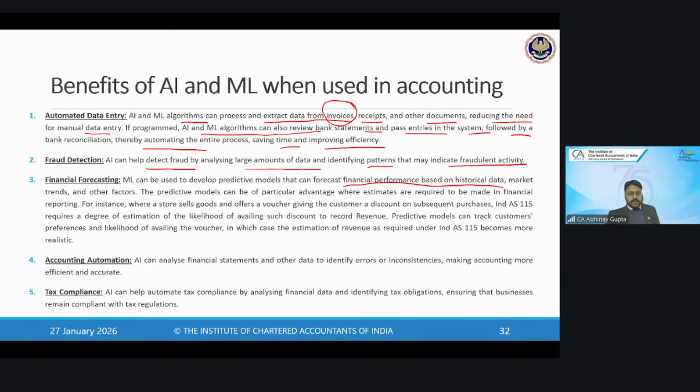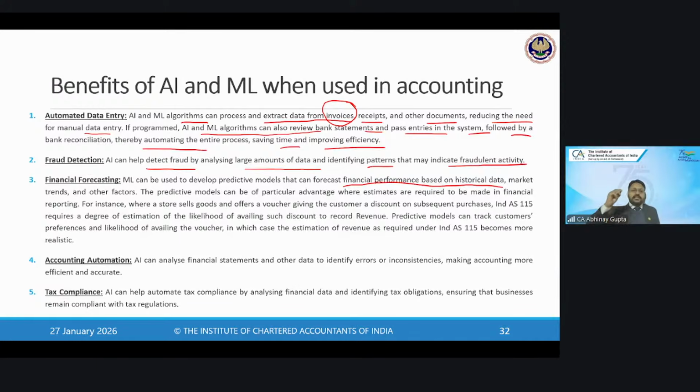Yes, sir. Right, correct. Now, suppose you have given a discount voucher to your customer, and whether the customer will come back and avail the discount voucher or not, you do not know. We will not know, sir. Right? You do not know until the customer comes back and actually avails it. But AI can know whether the customer will come or not based on past behavior.